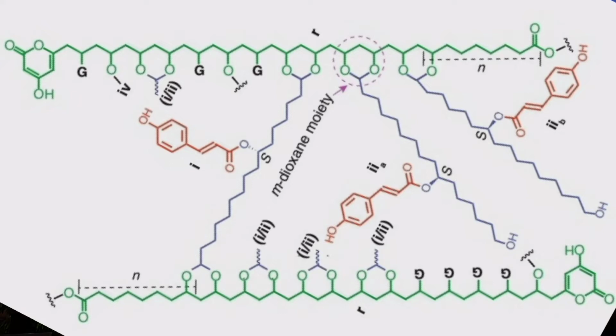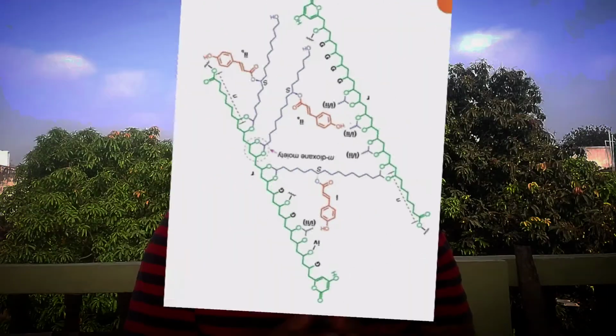So like this, these are running parallelly and they are interconnected by the para-Coumaroyl C16 aliphatic chain by ester or by ether linkages. Some para-Coumaric acid molecules and some dioxane molecules are linked with this para-Coumaroyl interconnector. Those are also present.